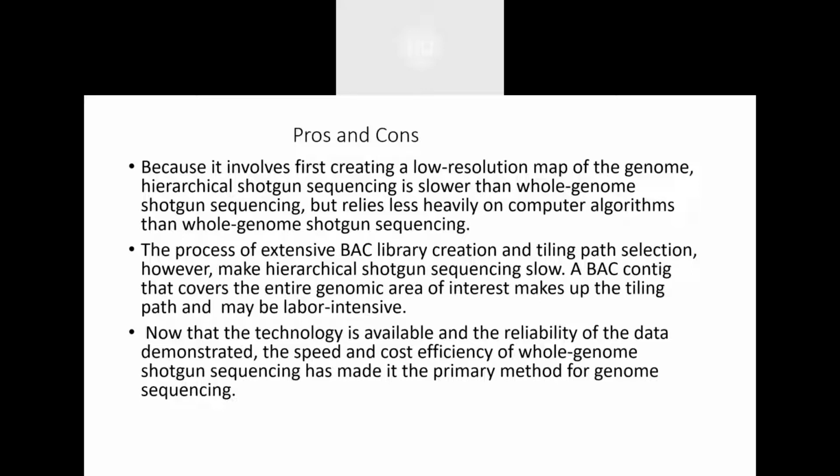A BAC contig that covers the entire genomic area of interest makes up the tiling path and it may be labor intensive. But now that the technology is available and the reliability of the data is demonstrated, the speed and cost efficiency of the whole genome shotgun sequencing has made it the primary method for genome sequencing.